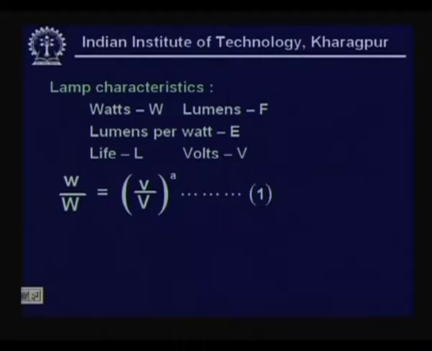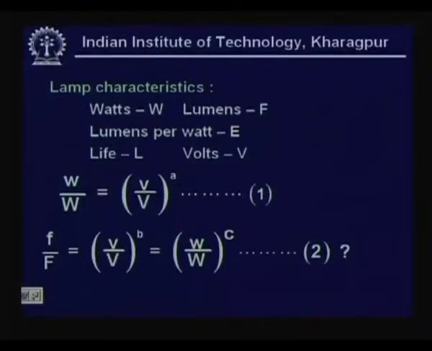It is found that the variation in voltage with variation in wattage can be exponentially related through a relation V over V by A. In fact, we know if, assuming the resistance to be the same, the voltage reduces, wattage reduces, hence the light output reduces. Remember, one thing we saw, life may improve if you operate at a lower voltage, but light output also reduces, which means you are going to strain your eyes, which means you are going to pay higher bills to the doctor.